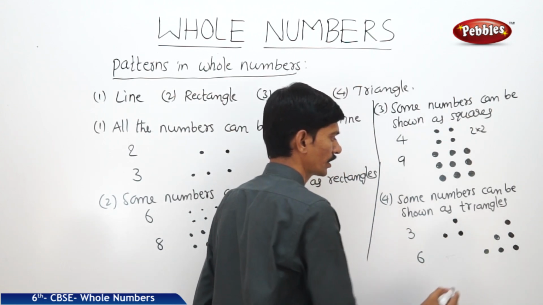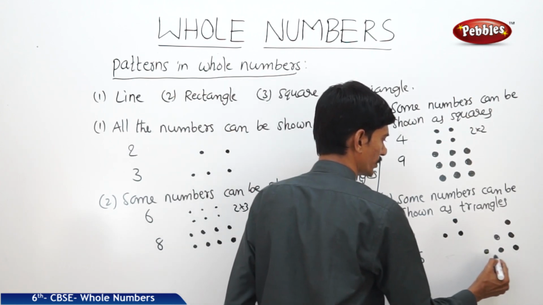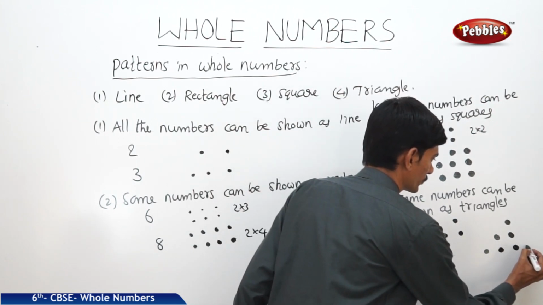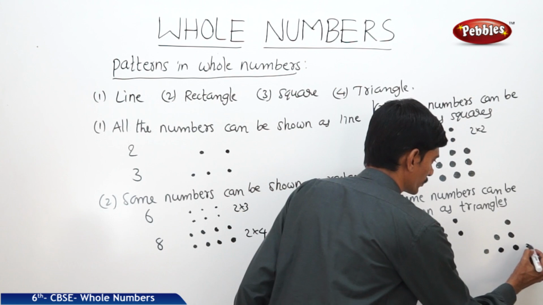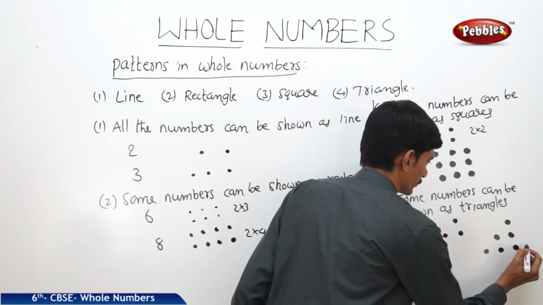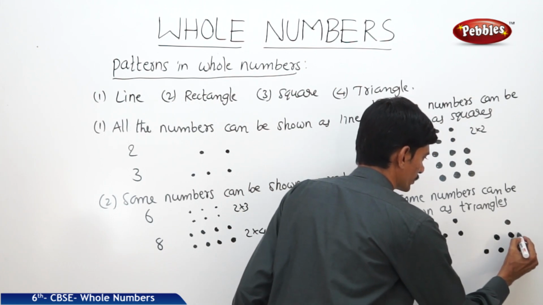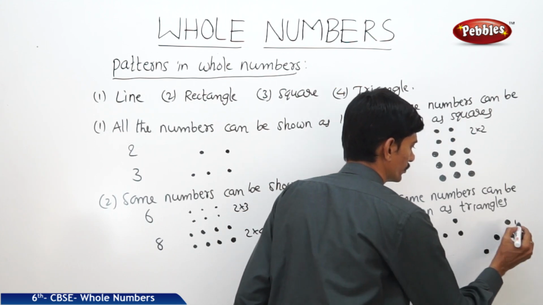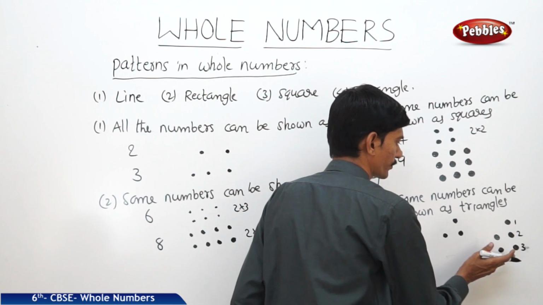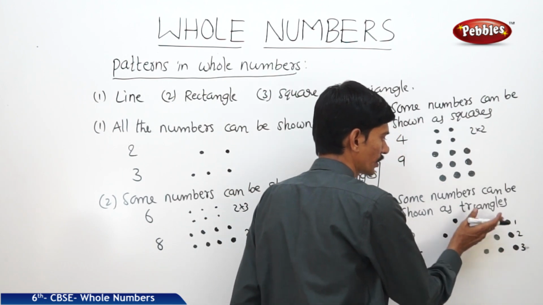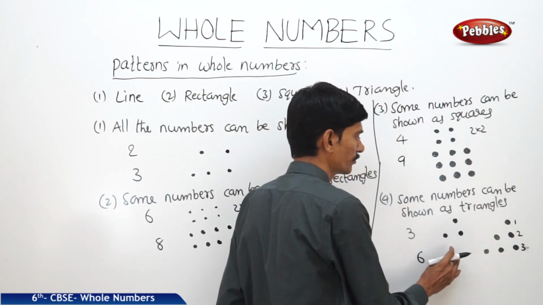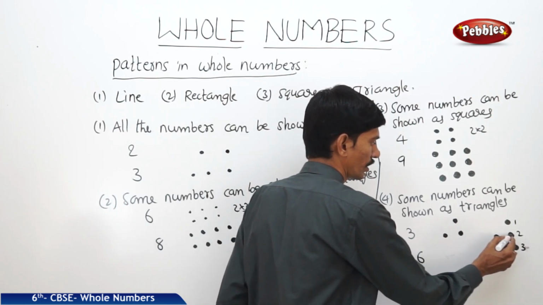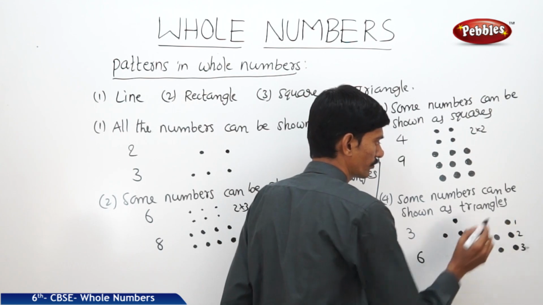So in case of triangles, we take the number of dots in each row. There are 3 dots in the bottom row and 2 dots in the second row and 1 dot in the uppermost row. So the number of dots from the bottom to top will be in decreasing order. So when you write any number in the triangular shape, in the uppermost row there is only 1 dot.